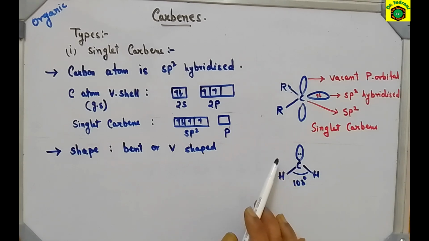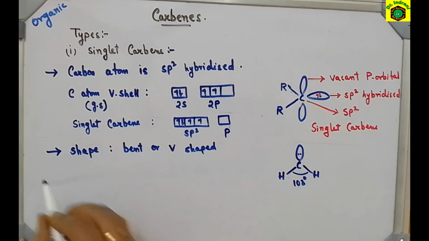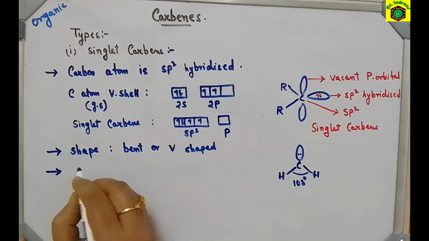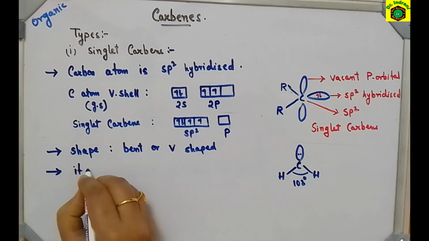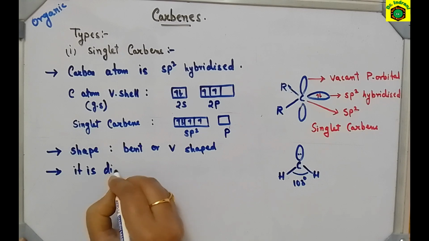And here no unpaired electrons are present, so it is diamagnetic.